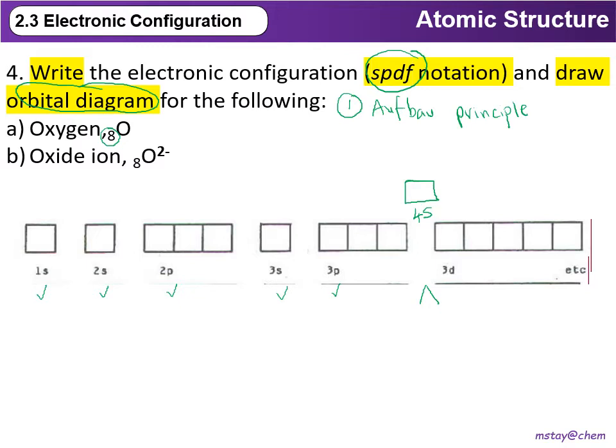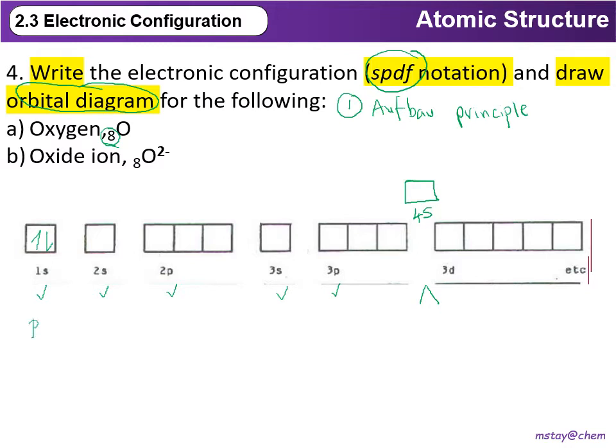Okay, so now we are going to fill the electrons into the orbitals. Oxygen has 8 electrons. So the first electron for sure will fill up into the 1s orbital, because among the orbitals that are available now, 1s has the lowest energy. Then the second electron we fill into the 1s orbital also, but we have to follow with the opposite spin. In this case, what is the rule that we follow?